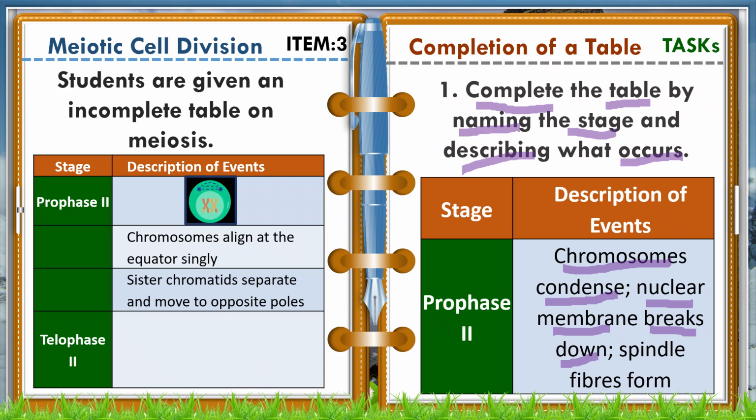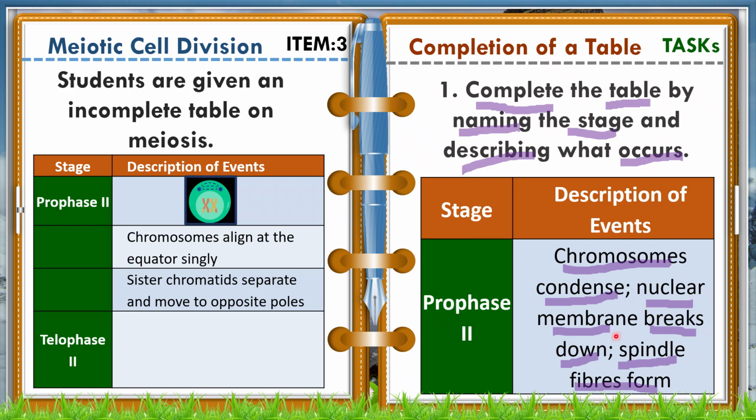And after that, the spindle fibers are going to form. The spindle fibers are these ones on top. They will start forming here. So in prophase 2, the chromosomes condense, which were thread-like structures. They become shorter and can be easily seen as chromosomes.